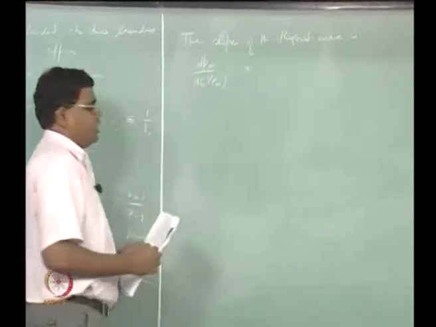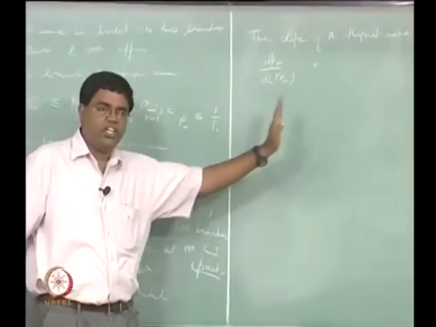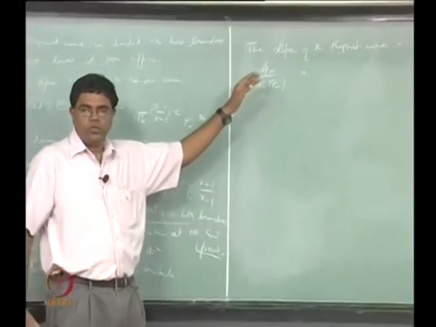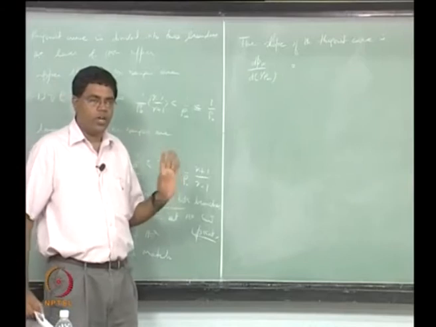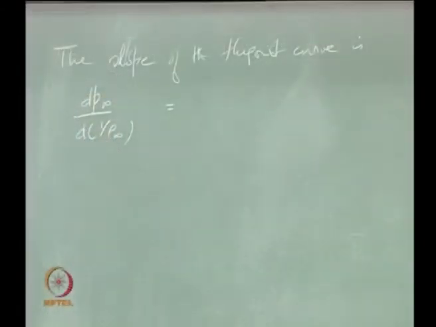This is something that you can actually obtain by simply differentiating the Hugoniot curve with respect to 1 over rho infinity, right. So wherever you are getting a p infinity, you differentiate that with respect to 1 over rho infinity.